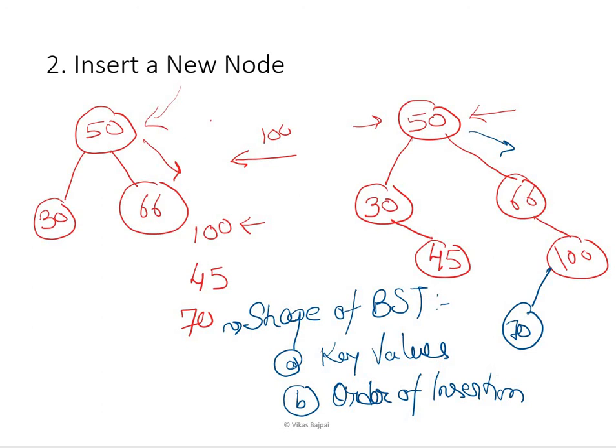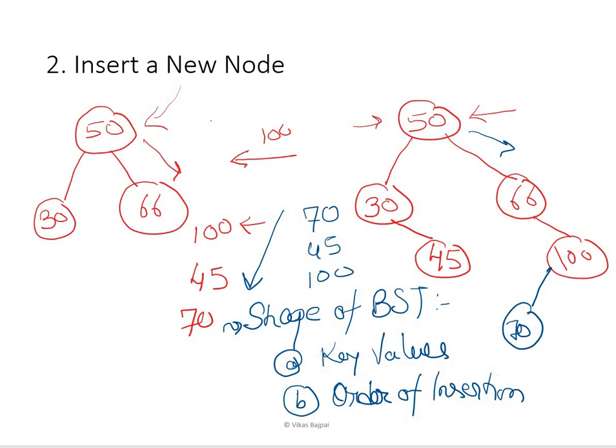For example, let's say if I shuffle this particular thing, instead of inserting in this manner, I'm inserting 70, then 45, then 100.